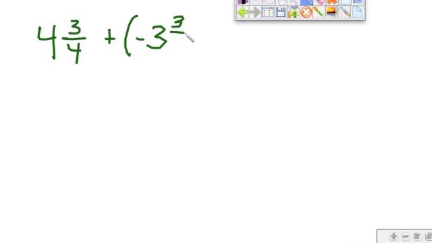All right, now what if we have one with fractions? So we have something like 4 3/4 plus a negative 3 3/4. All right, well, first of all, I don't like to write any problems side by side in math. I prefer it to go up and down. So let's go ahead and do that.